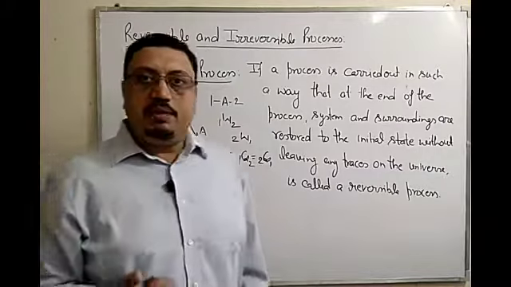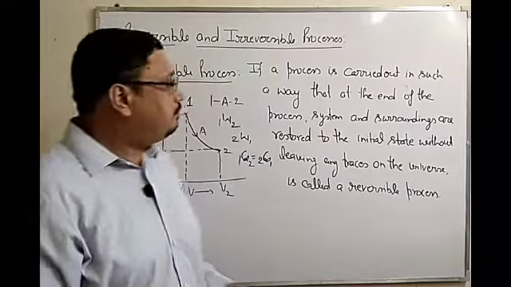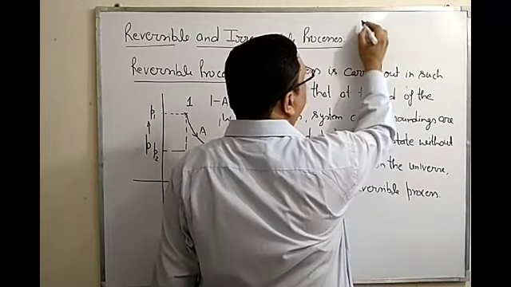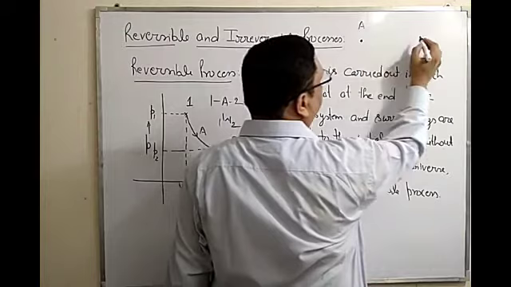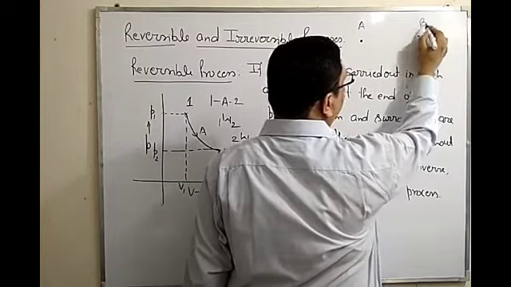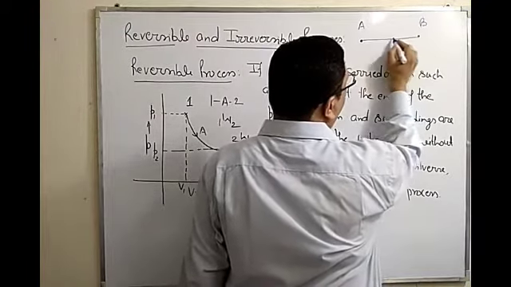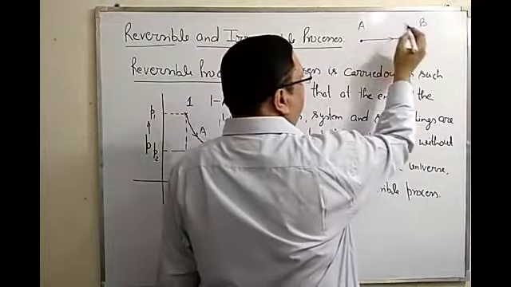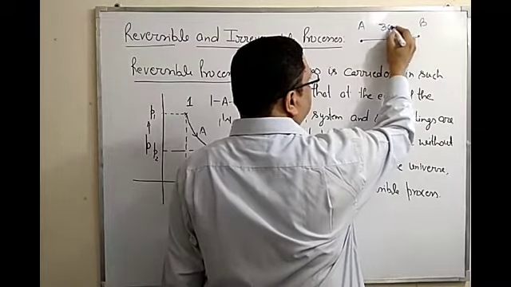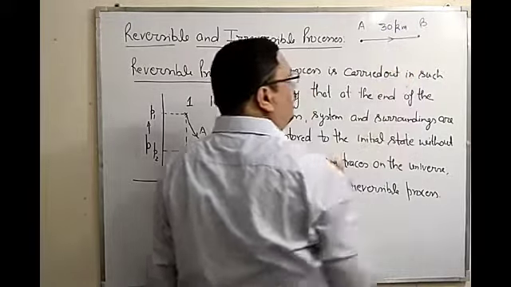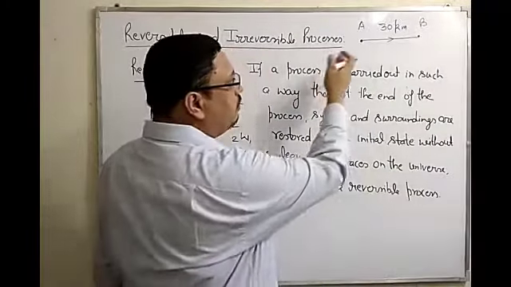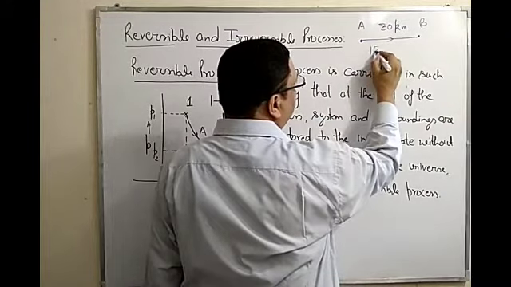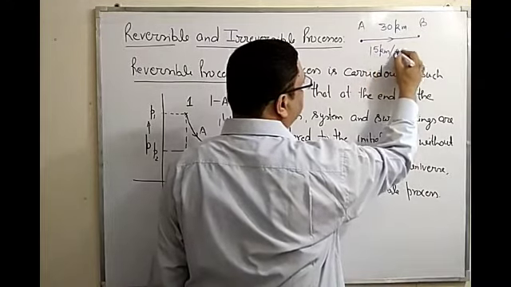Now if we take an example from practical life, suppose I am at a particular location. This location is suppose location A, and this particular location is suppose B, and I want to move from location 1 to location 2, and let us take that this distance is 30 kilometers, and I am using my car for moving from state 1 to state 2, and the mileage of my car is suppose 15 kilometer per liter.